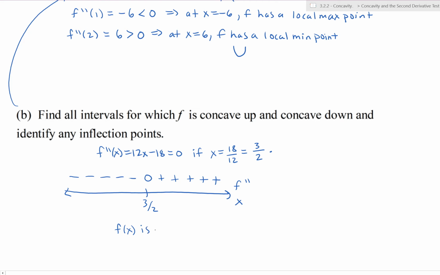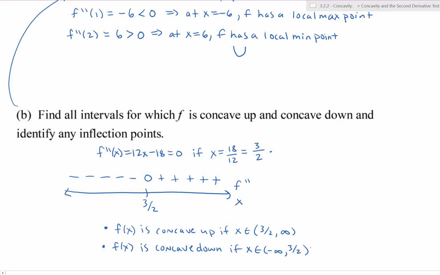f of x is going to be concave up if x belongs to the open interval 3/2 to infinity, because that's where its second derivative is positive. The function is also said to be concave down if x belongs to the interval negative infinity to 3/2, since that's where the function's second derivative is negative.